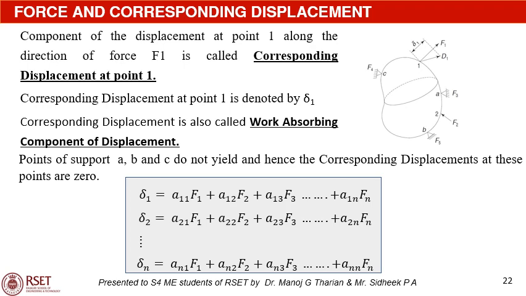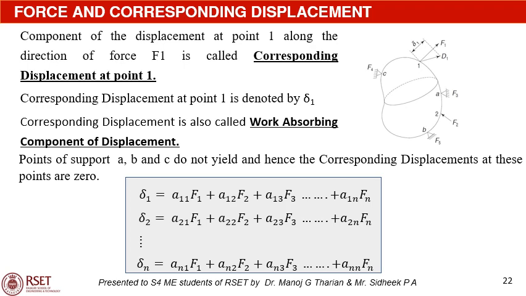Corresponding displacement is also called the work absorbing component of displacement because at any point the product of the force acting at that particular point and the corresponding displacement will give the work done by the force at that point. It may be noted that when we are considering the force for the calculation of the work done, the average force should be taken.